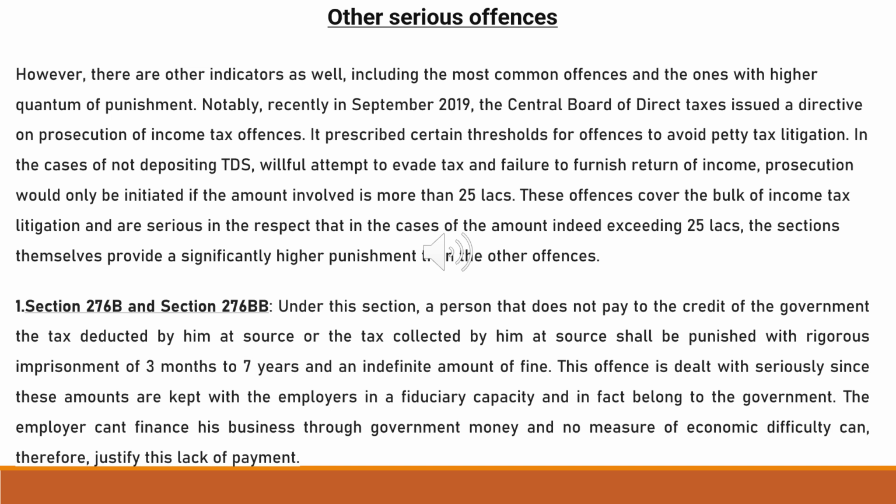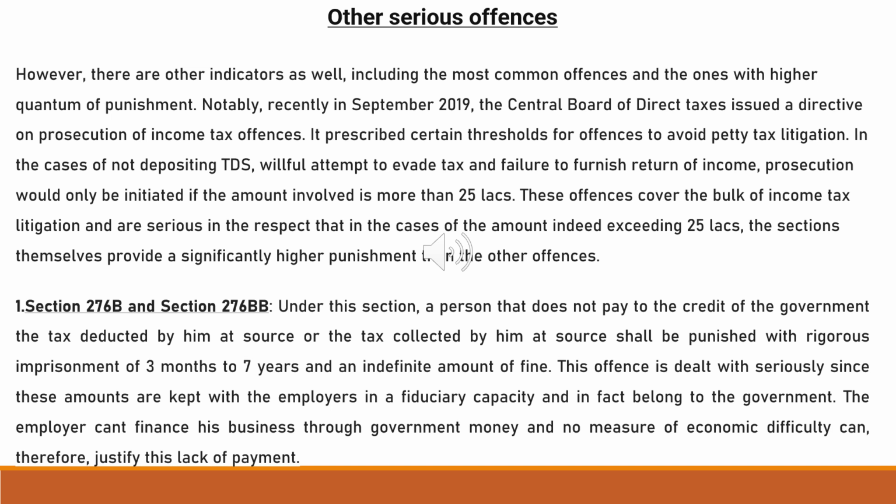Under Section 276B and Section 276BB, a person who does not pay to the credit of the government the tax deducted by him at source or the tax collected by him at source shall be punished with rigorous imprisonment of 3 months to 7 years and an indefinite amount of fine.